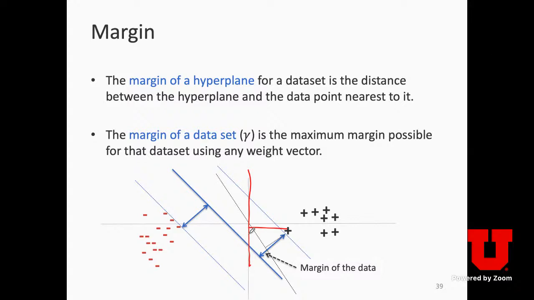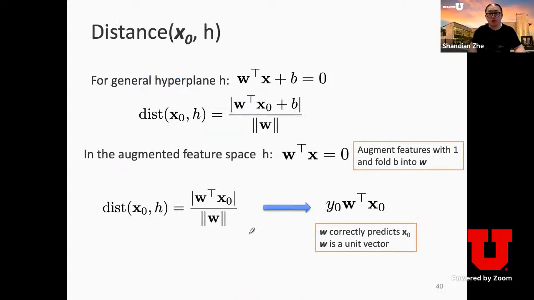Okay. So the thing I keep reminding everybody is that when we talk about the separating hyperplane, when we talk about everything, it is actually on the augmented feature space. That means in the augmented feature space, your separating hyperplane has this simplified form. It doesn't have the bias, because B has already been folded into W, and so X always has a constant feature.